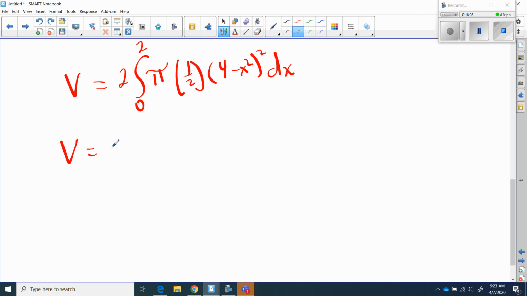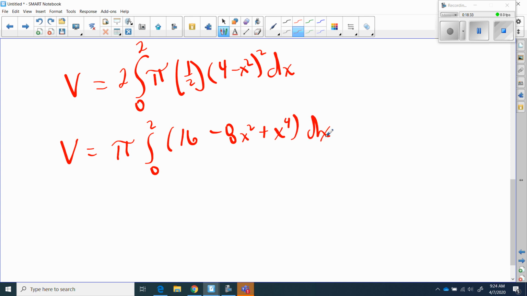So I'm going to just have a pi out front, integral from 0 to 2. Now, I'm going to have to expand this out because if I wanted to do it as a chain rule, I'd need to have a du beside it here, and the du would have a 2x, which I don't have. So I'm going to actually expand this out with my 3-step rules. It's going to be square the first, multiply these two and double, and then square the last one.